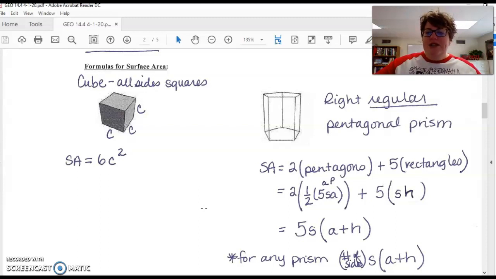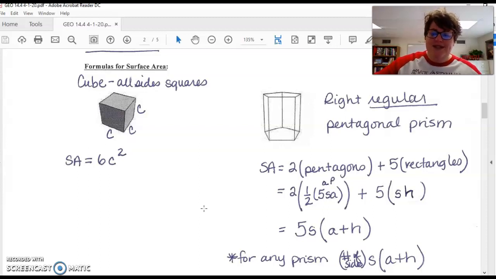So what I did is I tried to make a general statement for you. So remember the formula for your pentagon from a previous section is 1/2 times 5 times S times A, so side times the apothem.